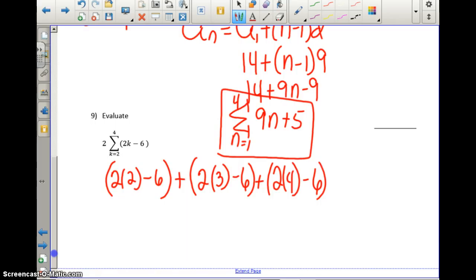And then when I evaluate this, I have 4 minus 6 is negative 2. 6 minus 6 is 0. 8 minus 6 is positive 2. This adds up to 0. And there's a times by 2 out in front. But no matter what I times it by, this will equal 0.